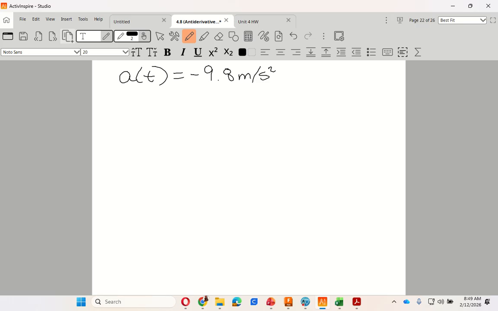So I can say my gravity is negative, oh, not negative, it's positive, but depending on the direction I'm going. So 9.8.